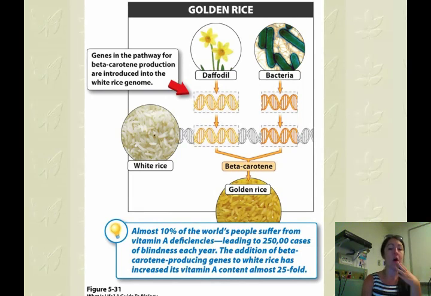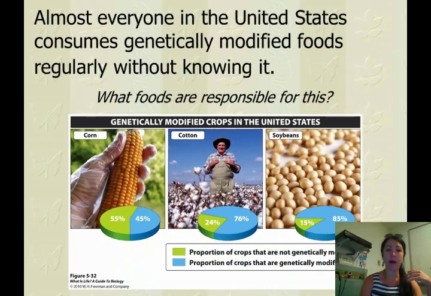It says at the bottom, almost 10% of the world's people suffer from vitamin A deficiencies. So in places where they eat just plain white rice, they are not getting those nutrients from their food. So the addition of beta carotene allows white rice to increase its vitamin A, and then that can help so that people don't go blind.